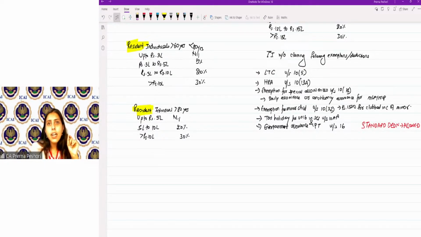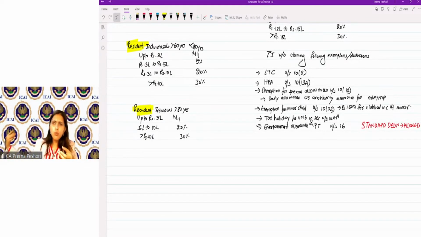Now, it says under 10(14). So section 10(14) is basically in respect of the allowances which are allowed under the salary, which are considered as exempt. It is not HRA. HRA is under 10(13). So 10(14) has several prescribed allowances, which are special allowances specifically granted to meet the expenses for the performance of duties.